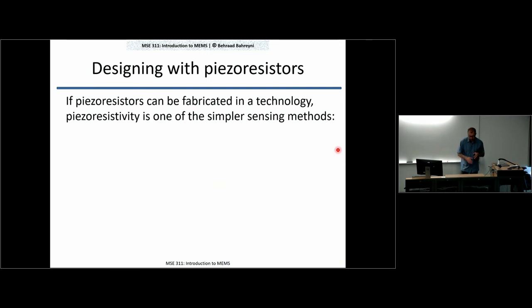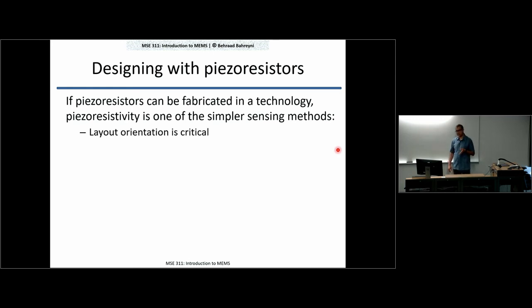So, to sum it up, if you have a technology that lets you make piezoresistors to measure stresses and strains, they are usually a simple and first-approach type of mechanism for strain sensing.